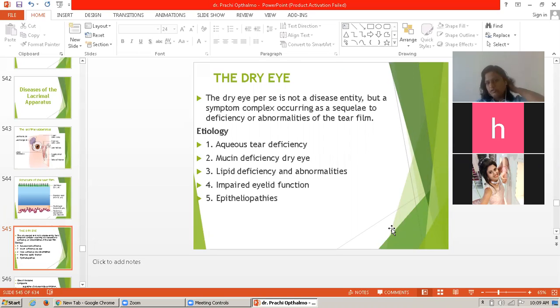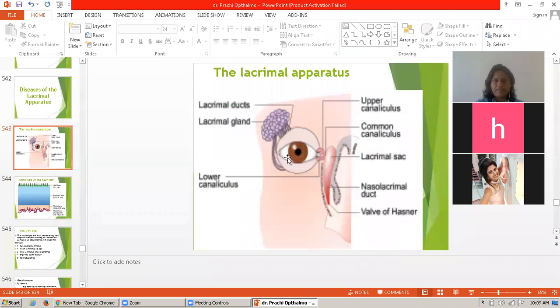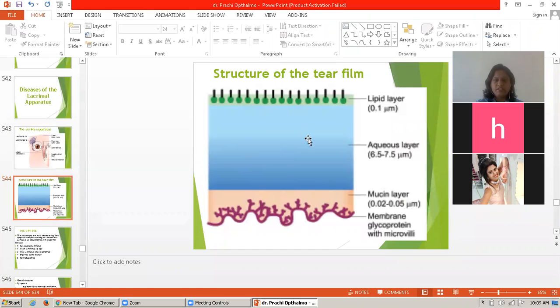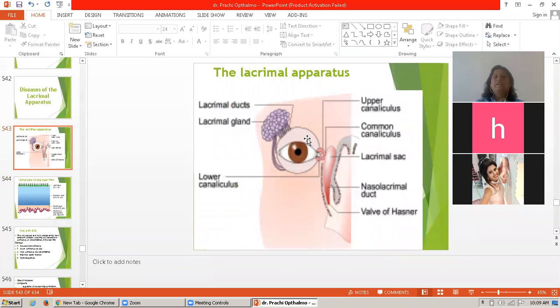In that, first of all, we will learn about dry eye, that is dry eye syndrome. When we study the anatomy, that is the structure of the lacrimal apparatus and the structure of the tear film, we learn how the lacrimal gland forms and continues in the eye as a lacrimal duct.